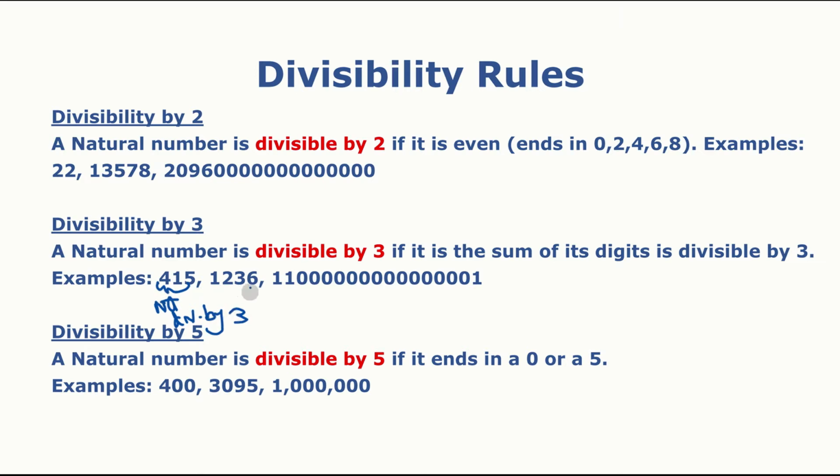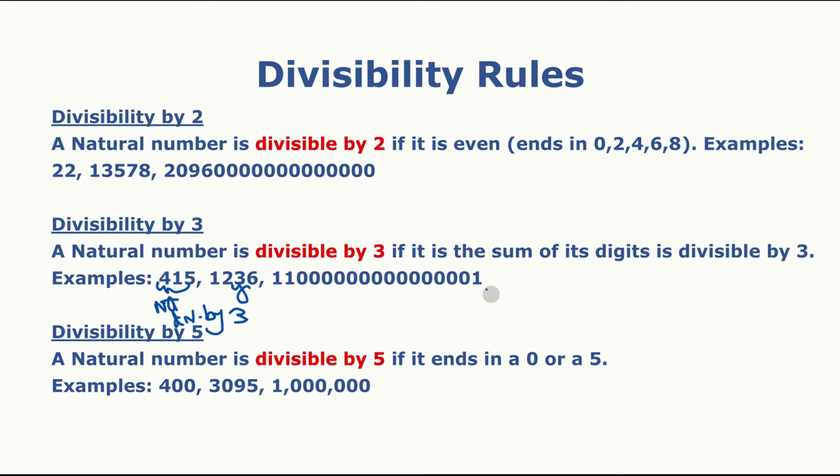How about 1, 2, 3, 6? Is that divisible by 3? Well, let's see. 1 plus 2 is 3, 3 plus 3 is 6, 6 plus 6 is 12. So yes, this one is divisible by 3. How about this one? Look, that's a huge number, isn't it? But it doesn't matter, because when we start adding the digits, these zeros aren't going to contribute anything to the sum, right? Adding 0 doesn't really change the sum. So it's just 1 plus 1 plus 1 that matters.